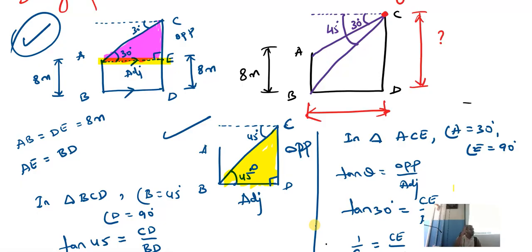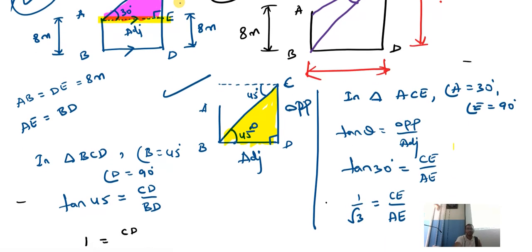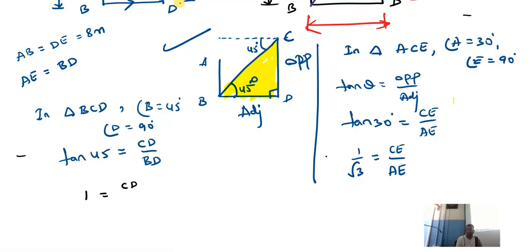Very good. CD is CE plus ED, the full side. My dear students, now we can write 1 equals CE plus ED divided by BD.